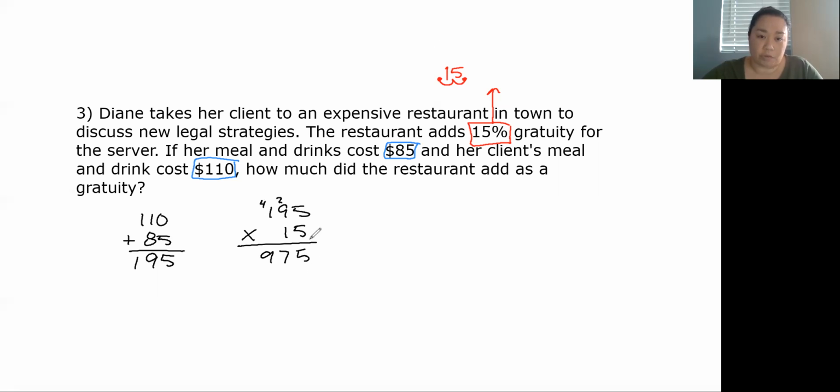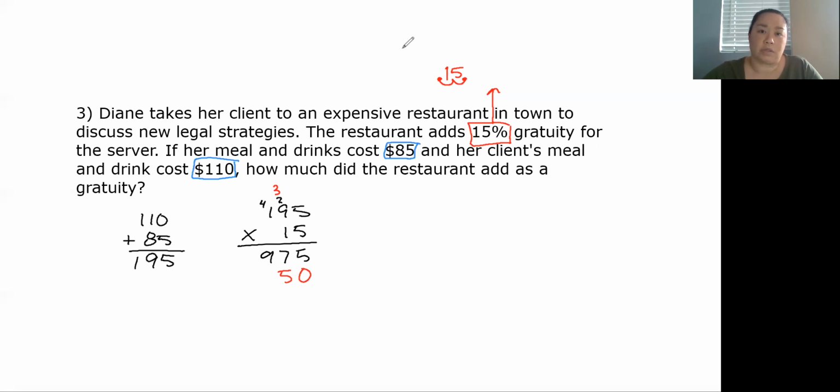Remember when you're multiplying double digits, I have to put my 0. 7 times 5 is 35. 5 goes here, 3 goes on the top. We carry it, right?